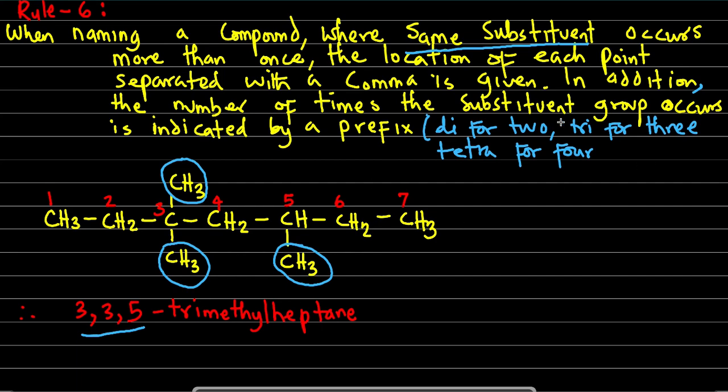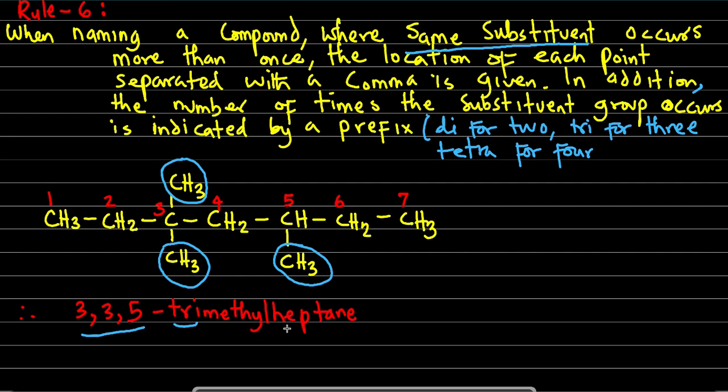So 3 is tri, so we now say trimethyl. Remember, each of these is methyl, CH3, an alkyl group with just 1 carbon atom. But this methyl is 3, so we now add tri. This is now trimethyl heptane.